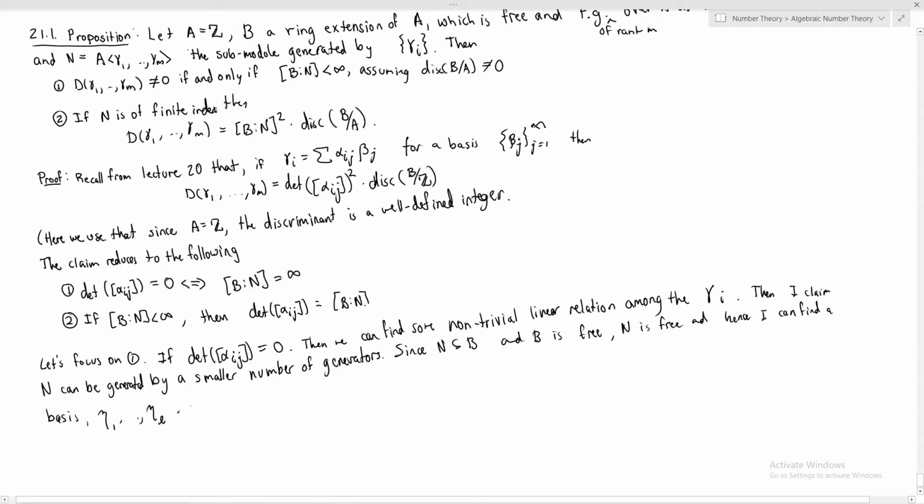So since these things are in n, I can write eta i equal to some Cij gamma j, and since these things are a basis for n, I can write gamma i equals sum over dij eta sub i.